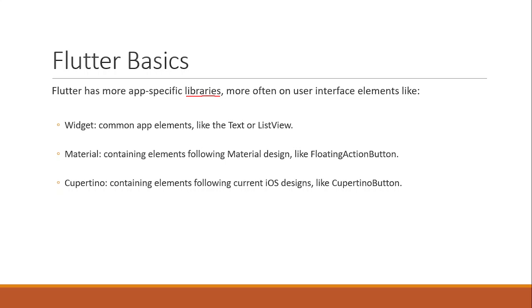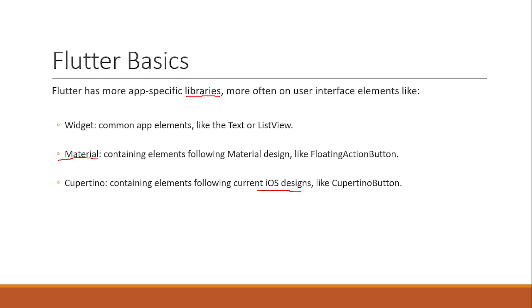So, with material, these are styles or designs that are related sa Android. And then si Cupertino is related siya sa iOS. So, si material design, ka-follow siya sa Android. And si Cupertino, ka-follow siya sa iOS nga designs.